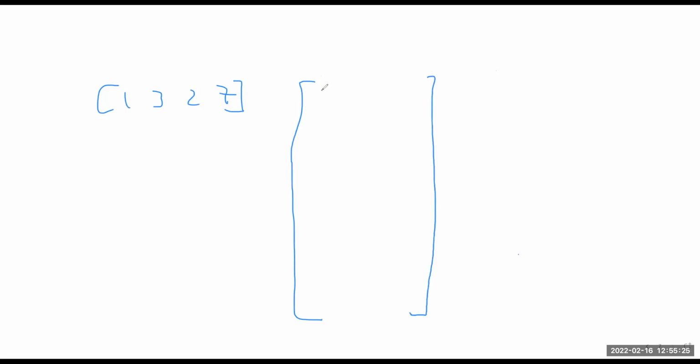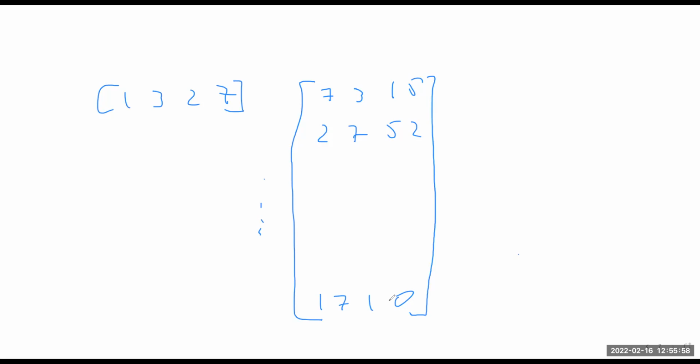So 7, 3, 1, 5, 2, 7, 5, 2, 1, 7, 1, 0, something like that. So what you want to do is this times that, this times that, this times that. You see that? But you can't right now because they don't have the right dimension.